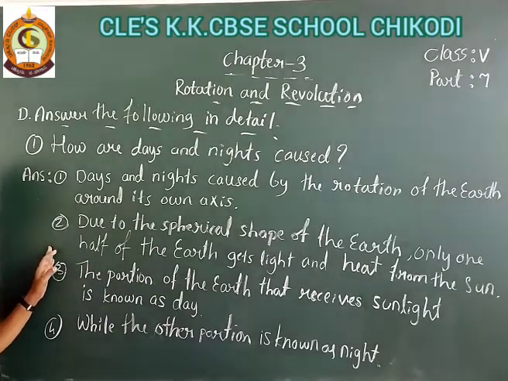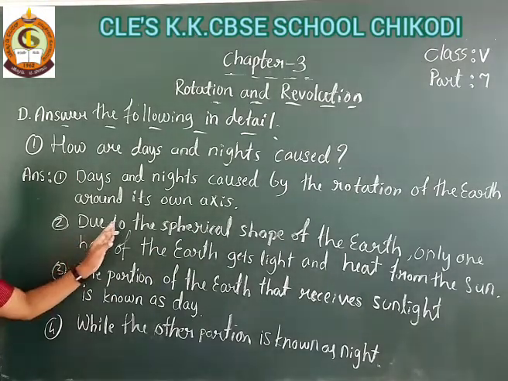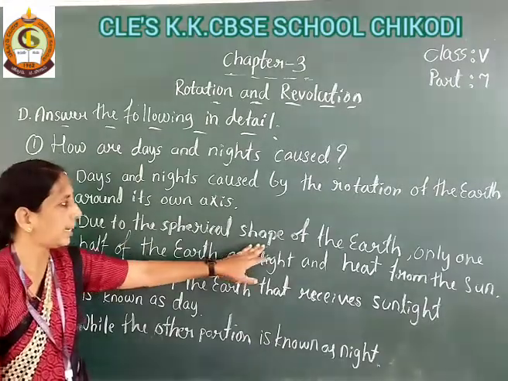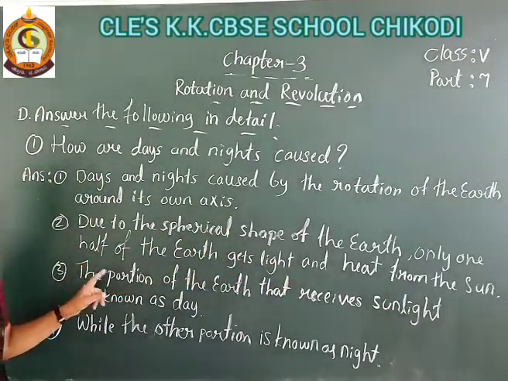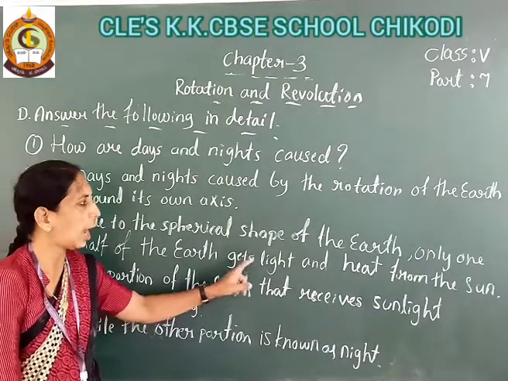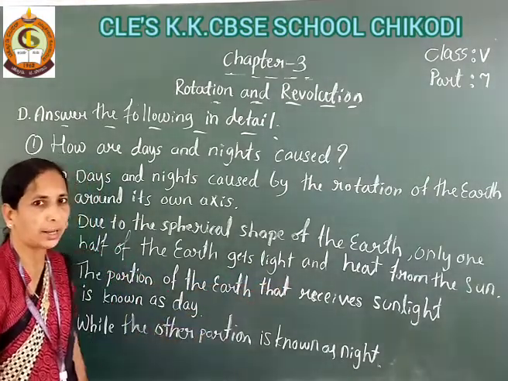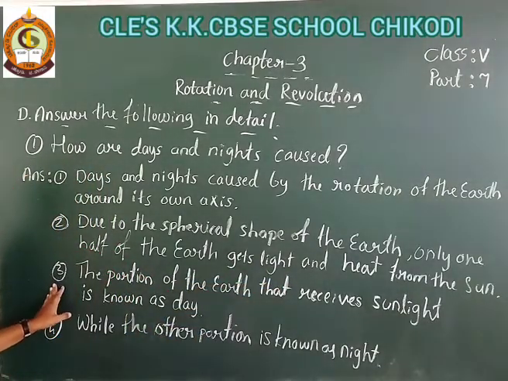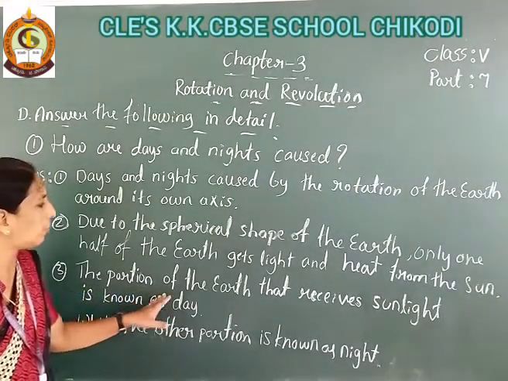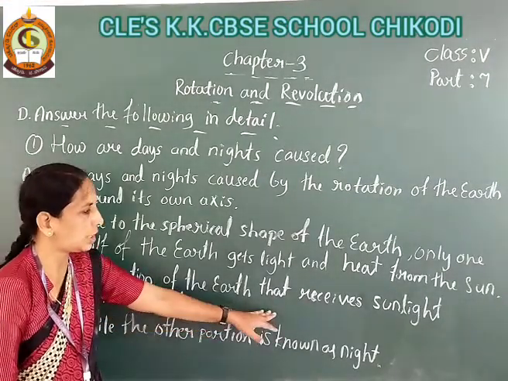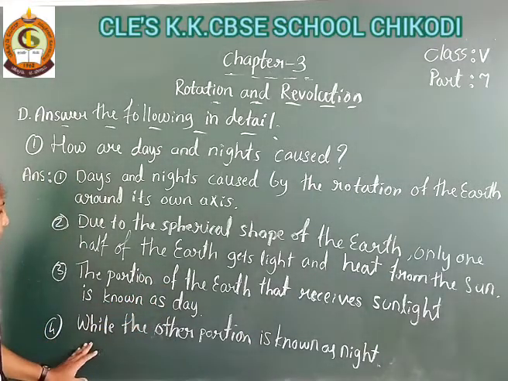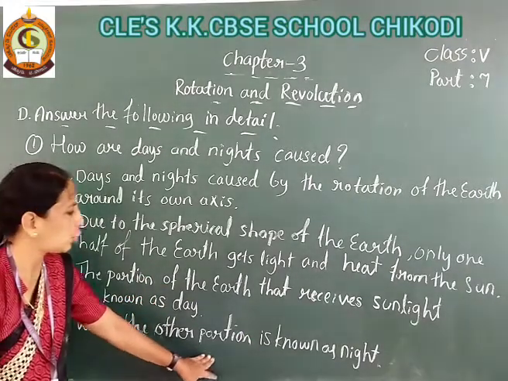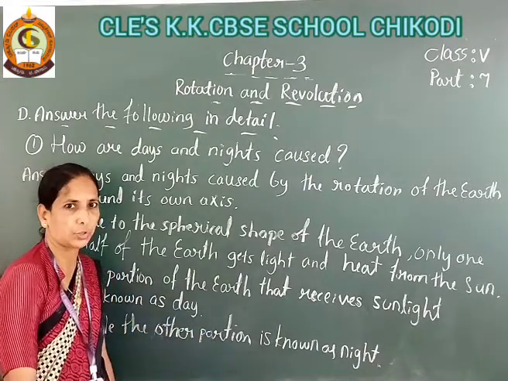And second point, due to the spherical shape of the earth, only one half of the earth gets light and heat from the sun. And third point, the portion of the earth that receives sunlight is known as day, while the other portion is known as night.